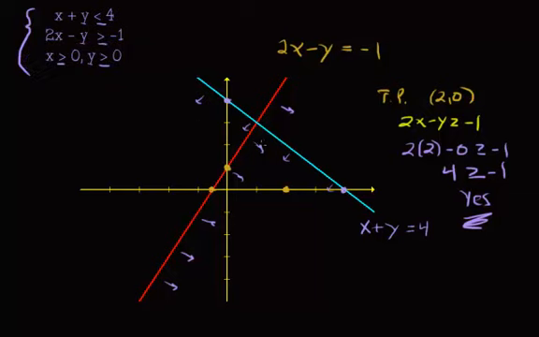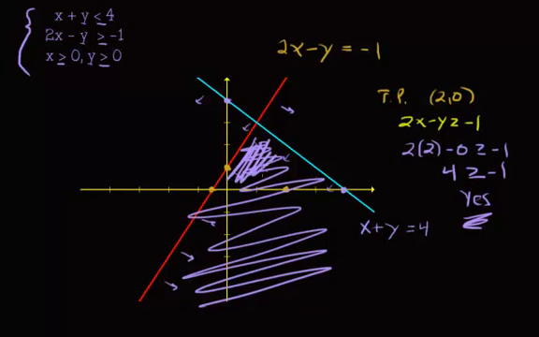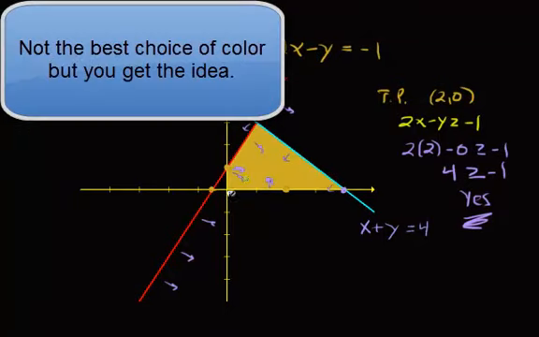So yeah, right now our shaded region is in here, but we're not supposed to be down here. We only want in here. All right, so what you would do is you would just erase everything and just maybe do this if you'd like. So now you can see that every arrow is pointing to this spot. So let's go ahead and fill that in because that is our final answer. All right, so there you go.